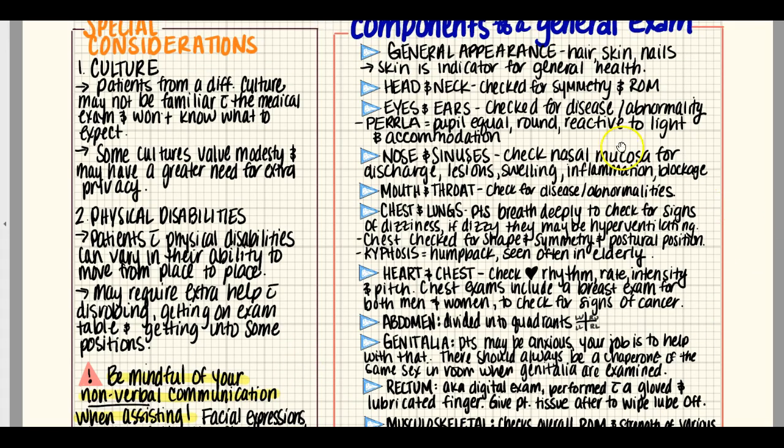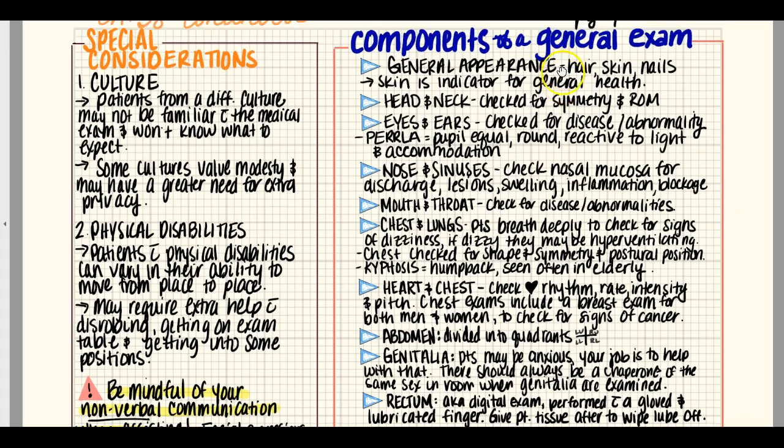All right, so all of the steps, the components of a general exam. Okay, so the first thing that providers will look at is the patient's general appearance. That's their hair, their skin, their nails. Skin is an overall indicator for general health.